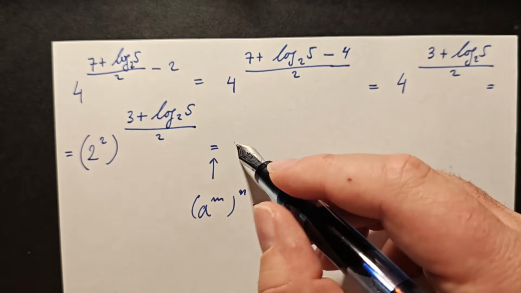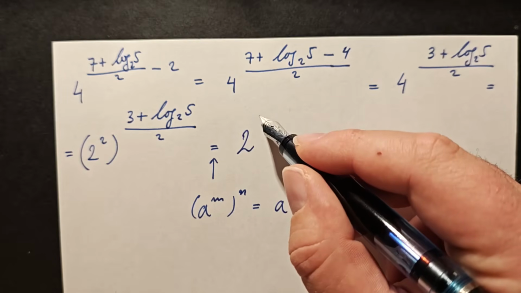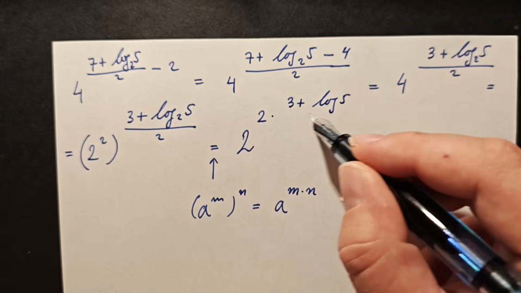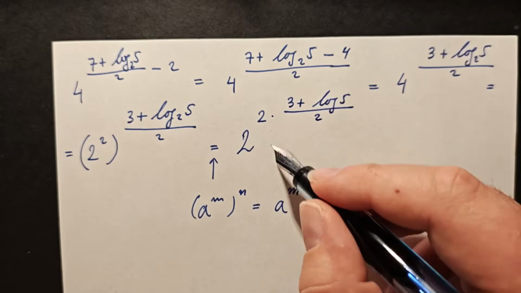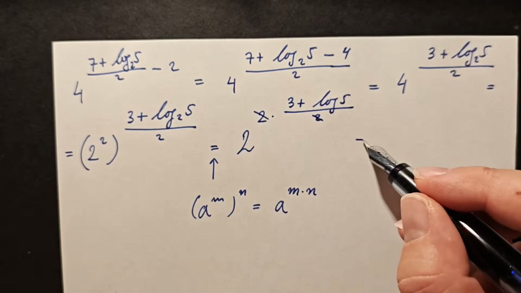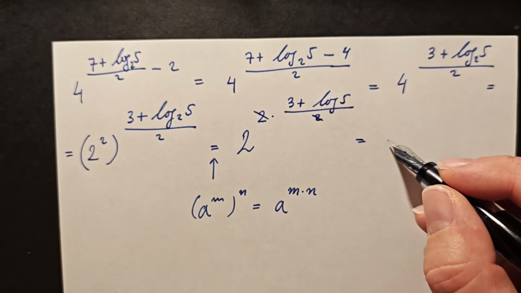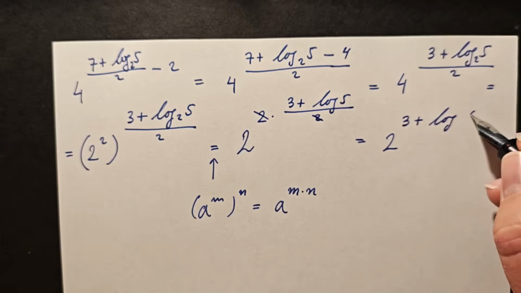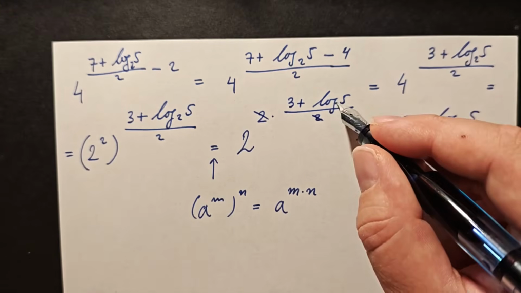So this is going to be equal to 2 to the power of 2 multiplied by 3 plus logarithm of 5 divided by 2, and these 2's are going to cancel out. So we are left with 2 to the power of 3 plus logarithm of 5 for the base 2.